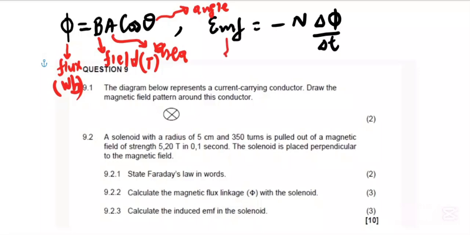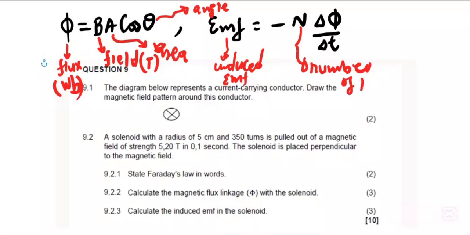Then this one represents the induced EMF, and this one is the number of turns of the coil. This one represents the change in magnetic flux.